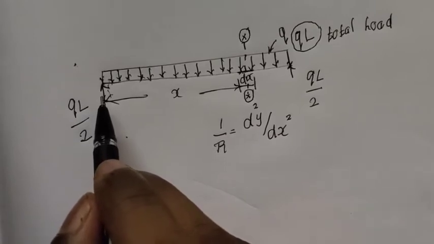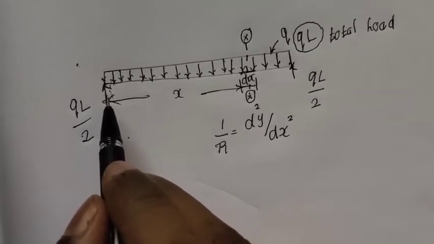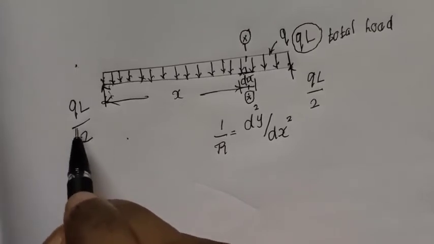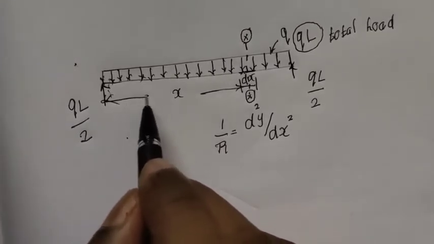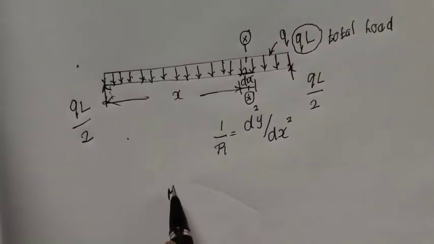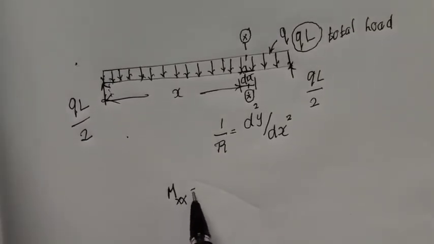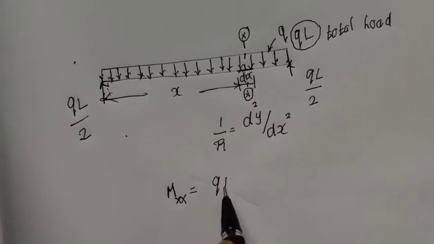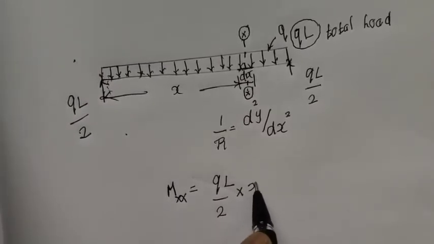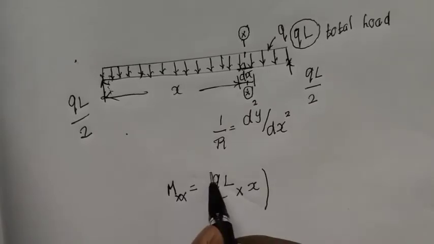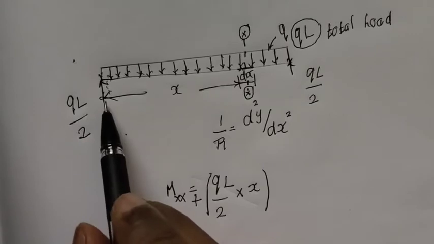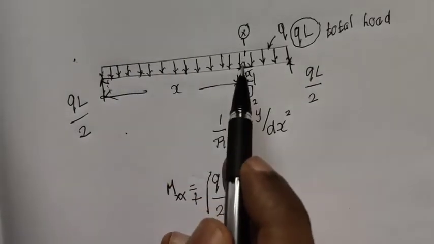That is by definition, the definition for moment, it is force into perpendicular distance. So force is QL by 2 and perpendicular distance is x. So moment about the section XX is equal to force, which is QL by 2, and into perpendicular distance, that is going to be x. And I'm going to put a plus sign here. The reason why I put a plus sign is because it causes a clockwise moment.